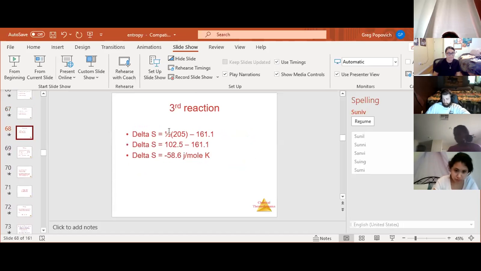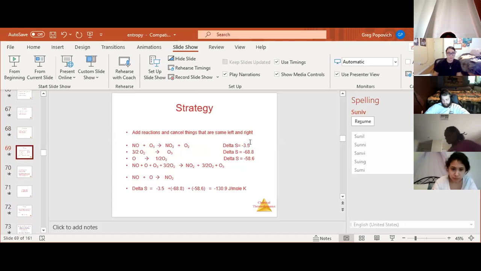For the third reaction, I've got 1/2 of the entropy of O2 minus 1 times the entropy of O. I subtract those out and I end up with this. Last step, I have to take each one of these entropies and add them all up. That is my total entropy for the reaction. Questions on this, ladies and gentlemen?